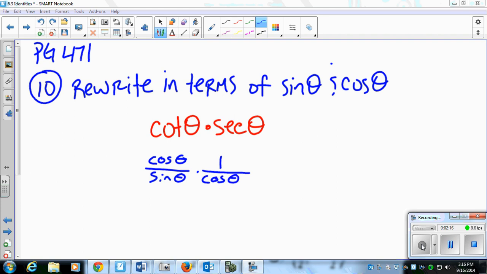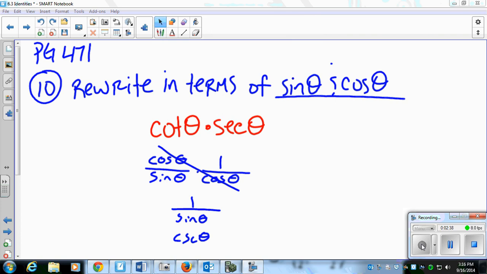Because these are straight multiplications, we can go ahead and simplify this. Cosine over cosine is 1, so that goes away. And we have 1 over sine of theta, which is equal to cosecant of theta. So a lot of times a good strategy is just to rewrite things in terms of sine of theta and cosine of theta.